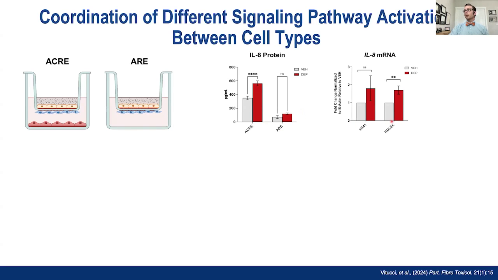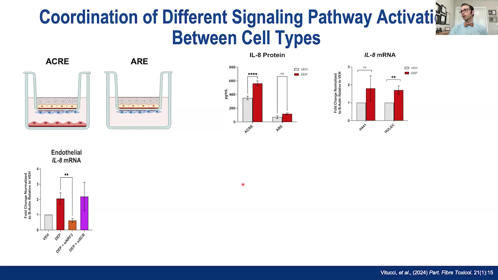And this was supported by when we isolate these cells, isolate the RNA, and do qPCR for IL-8. In these HULEC cells, the endothelial cells, we see a significant increase, but not in the epithelial cells. So that is supporting that the endothelial cells here are critical for the secretion of IL-8.